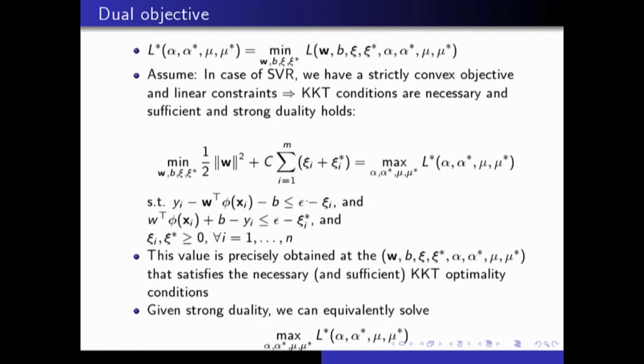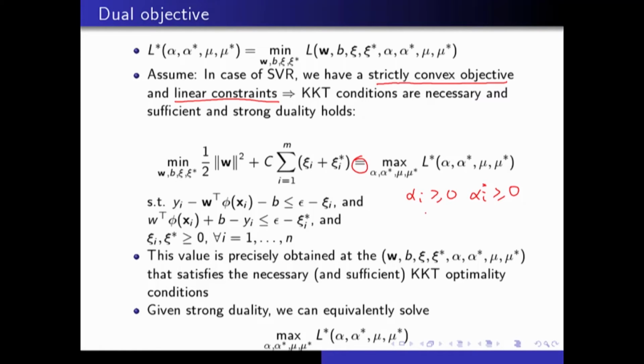So the dual objective is equal to the primal by virtue of the convex objective and linear constraints. We have sufficiency here. Needless to say, we are still looking at alpha_i's that are positive and alpha_i stars that are positive on the right hand side.